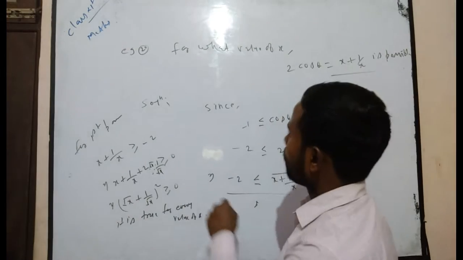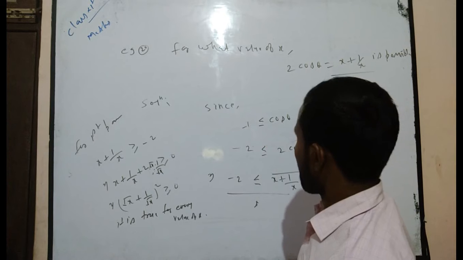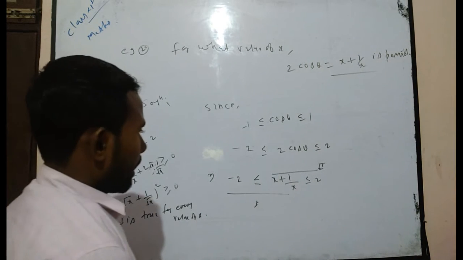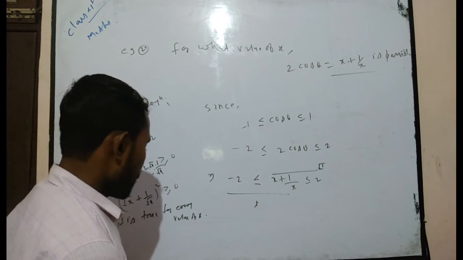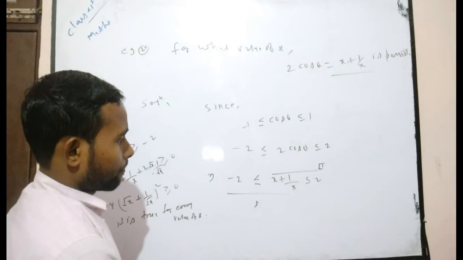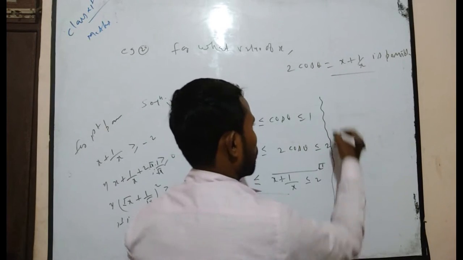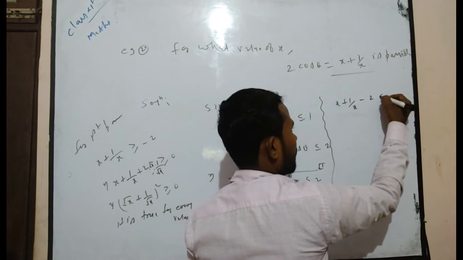But if we take its right part, then you get x plus 1 by x minus 2 is less than or equal to 0.